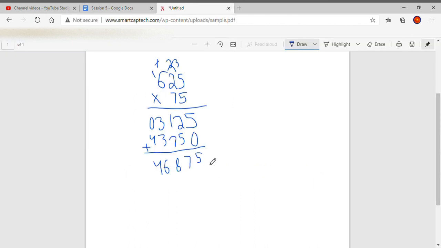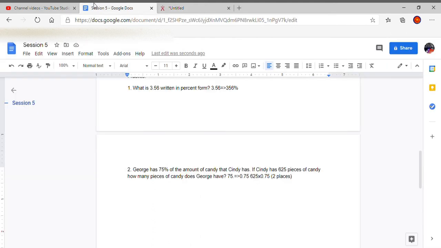So 1, 2. George has 468.75 pieces of candy. Imagine having a decimal amount of candy. That would be rough. But he apparently has it in this problem. So he got 468.75 pieces of candy.